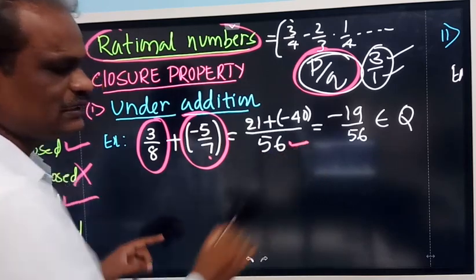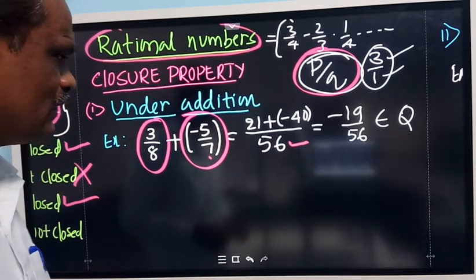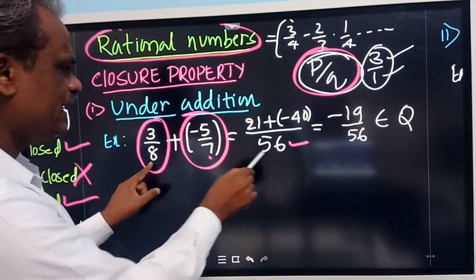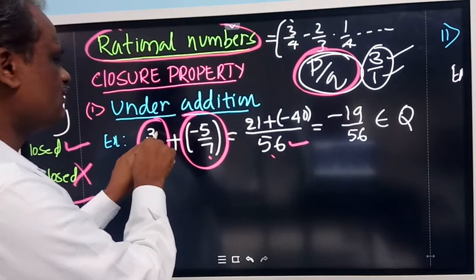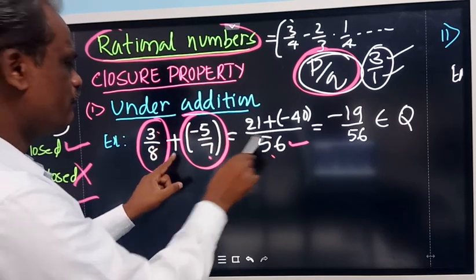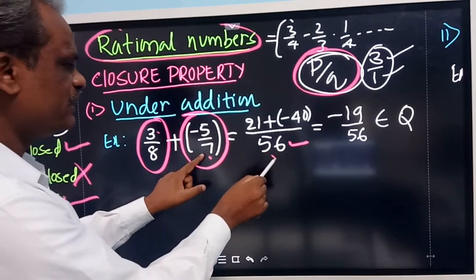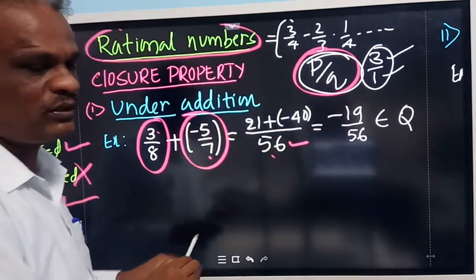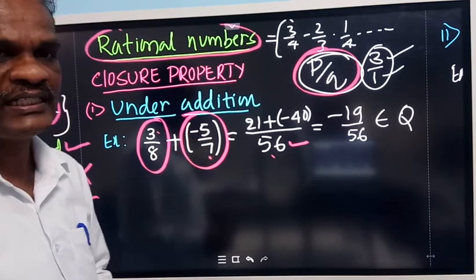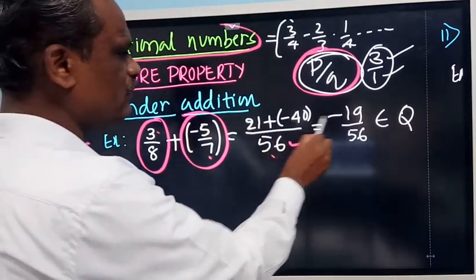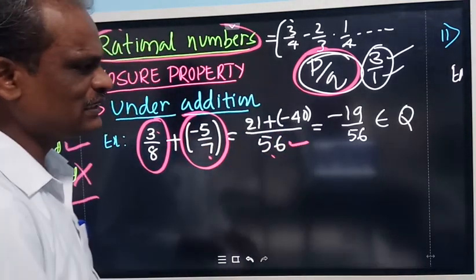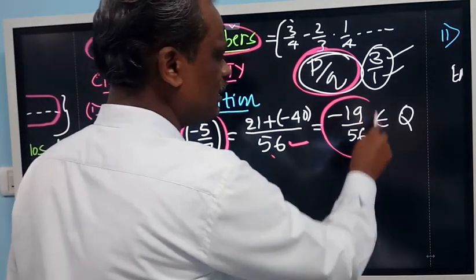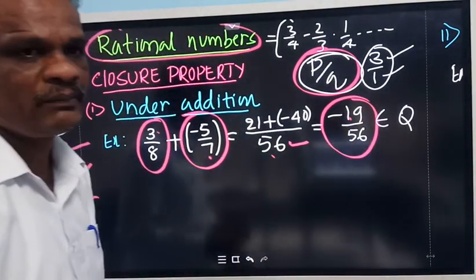It is 56. 7 3s are 21. Then the plus sign as it is, 8 into minus 5 is minus 40. So what numerator are you getting? Minus 19 by 56. Look at this, this is a rational number. It is in the form of P by Q.